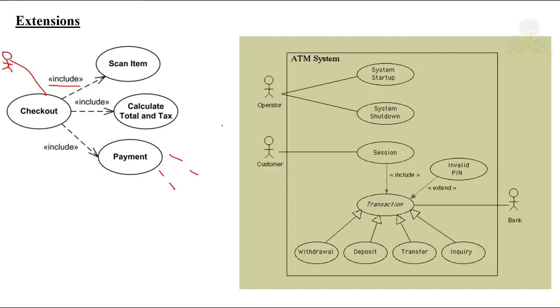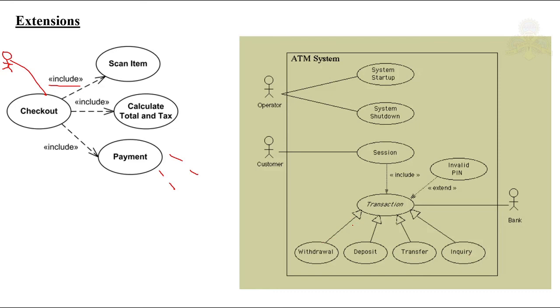Okay, if you consider the same ATM system, we have a customer who enters the ATM, and his session starts whenever he inserts the card. Once he inserts a card, what is the next thing? He has to do some transaction. For a transaction he has to enter his pin. So this session will include transaction. Now the transaction can be withdrawal of money, deposit, transfer, or inquiry.